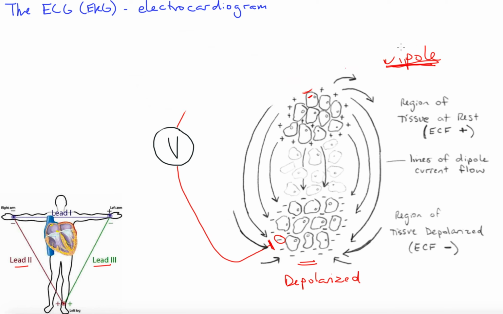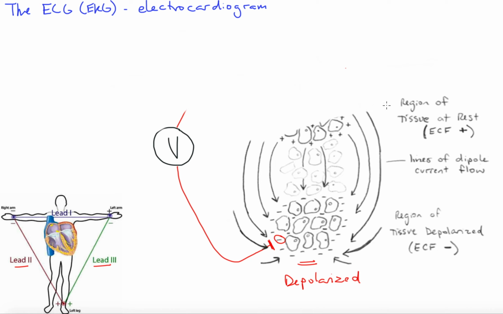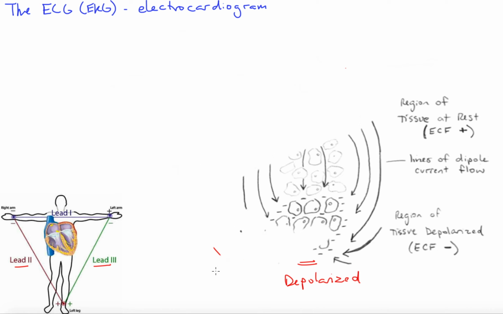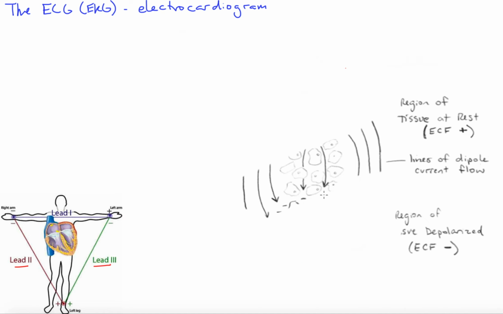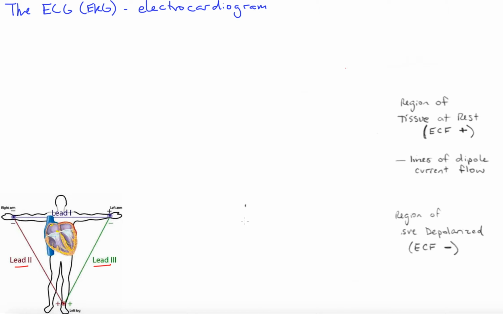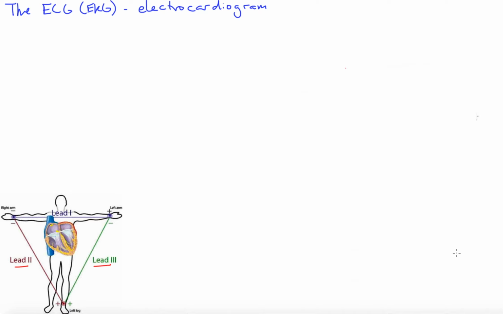What I want to draw is the actual ECG trace. And of course, as I said before, the derivation of that comes from the individual cells of the heart, the atria and the ventricles, depolarizing and repolarizing asynchronously, not together. Okay, so let's draw it out.